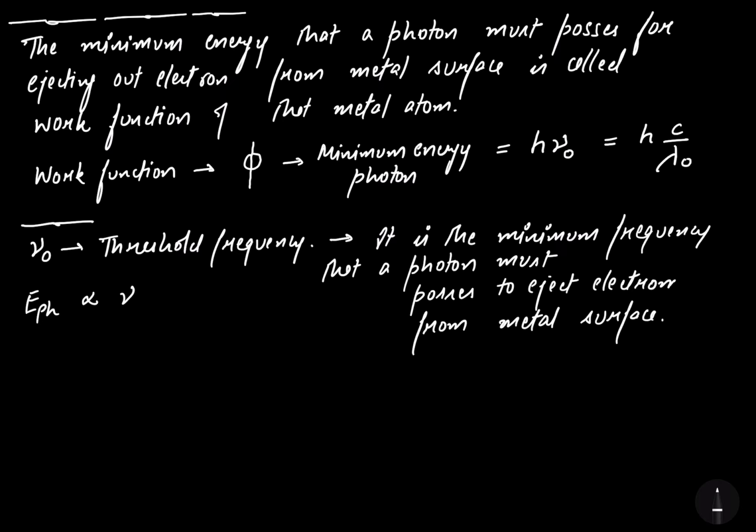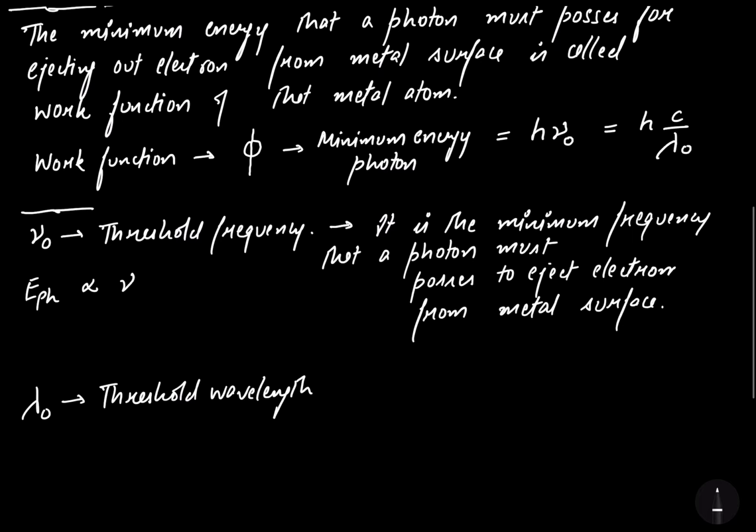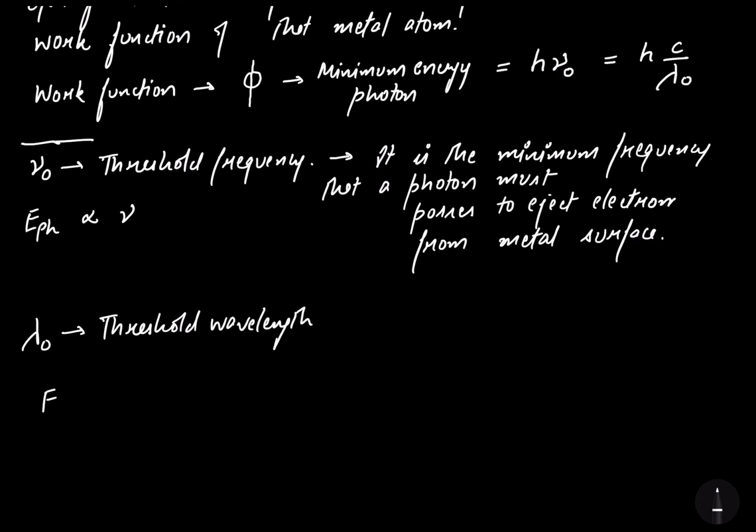Now let's talk about the threshold wavelength, the lambda naught. This lambda naught is called threshold wavelength. Now, the energy of a photon, or you can say the work function, is inversely proportional to the wavelength. So threshold wavelength will be the maximum wavelength required by a photon to cause the photoelectric effect. So what is the threshold wavelength?